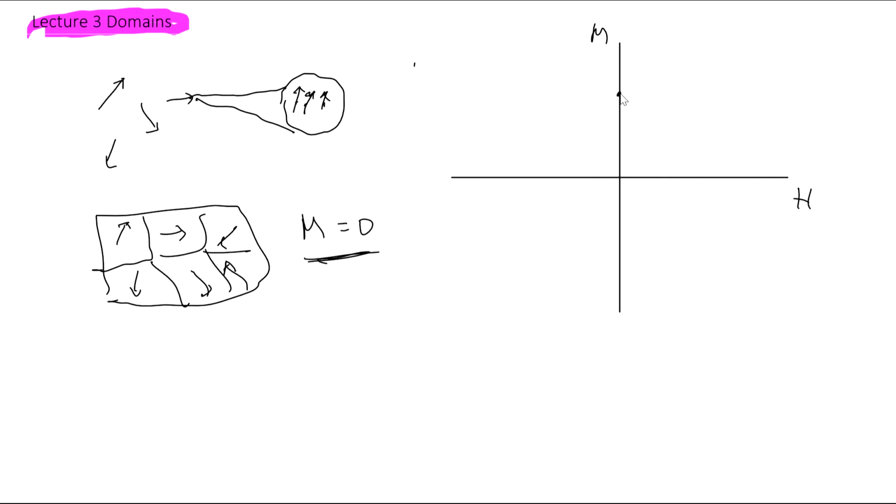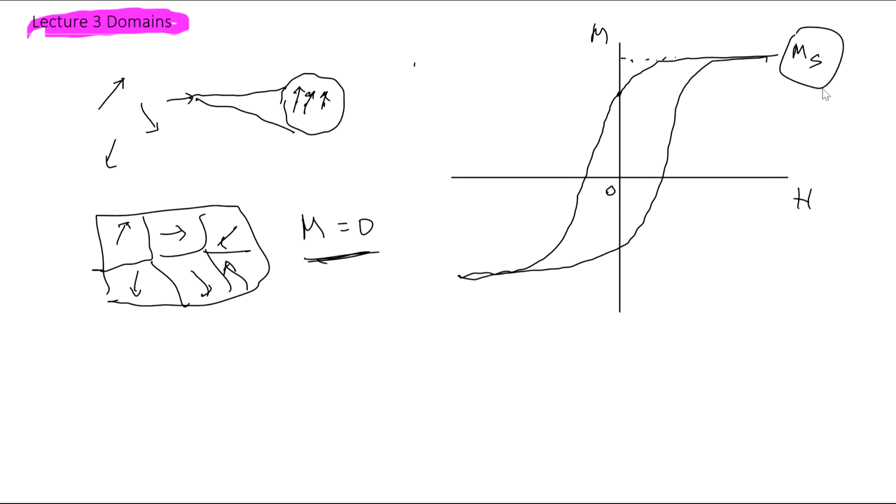So it's magnetized at zero magnetic field, this is 0. And as we apply a magnetic field, it magnetizes completely. When it goes back along the same curve, it can reverse magnetization. And then on the way back, it can magnetize in this direction. So this value here is our saturation magnetization.